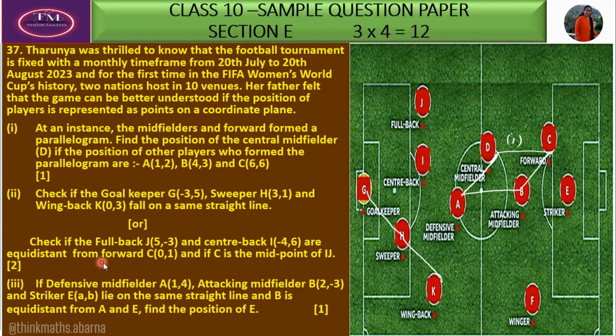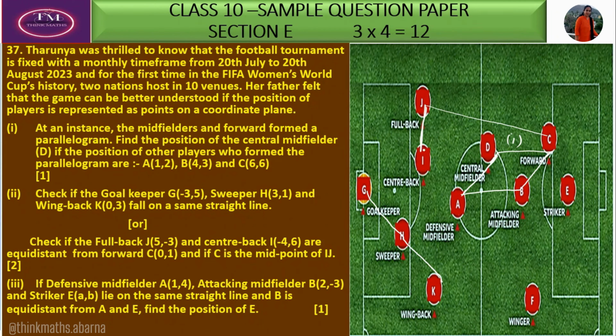Next part is check if the full back J and center back I are equidistant from forward C of 0, comma 1, and if C is the midpoint of IG. So here IG, and this is IJ. We have to check whether CI and CJ are equidistant.